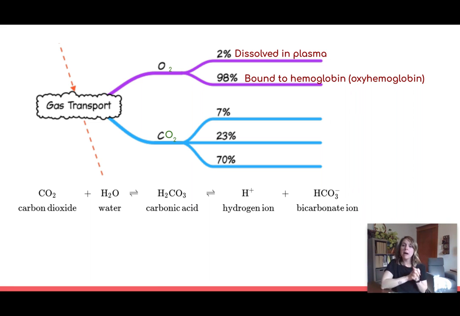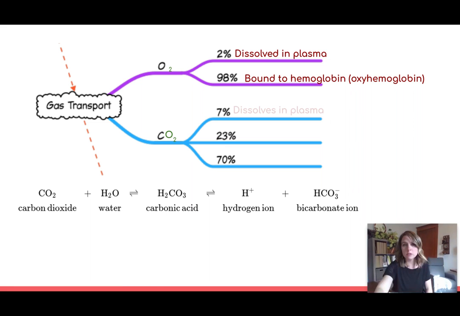When it does bind to hemoglobin, we don't call it oxygen anymore. We call it oxyhemoglobin, just a signal that it's oxygen stuck to this protein hemoglobin. So oxyhemoglobin is when it's attached. Most of the blood traveling around my bloodstream is attached that way to the hemoglobin molecule.